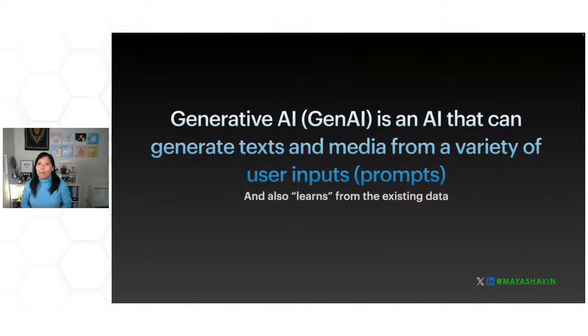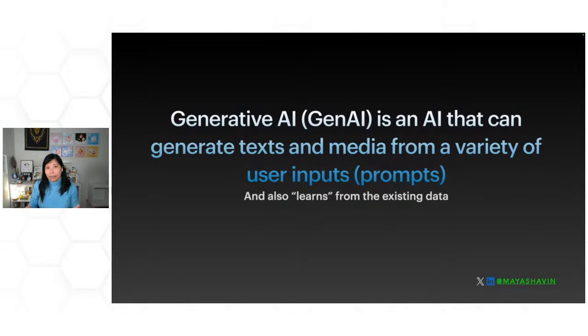Okay, let's start. But first and foremost, let's recap. We have heard a lot about generative AI. What exactly is generative AI? Generative AI is an AI that can generate text and media from a variety of user inputs, which we call prompts.